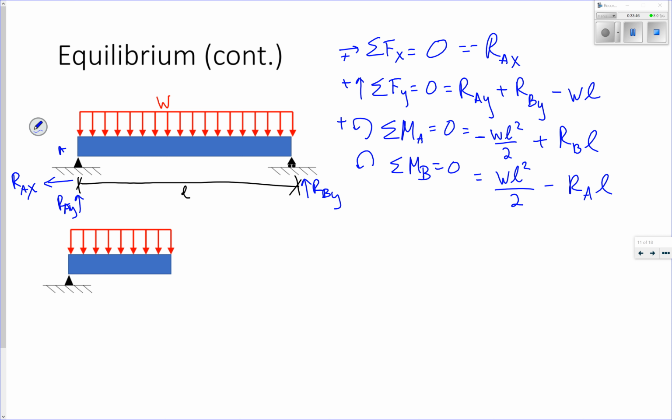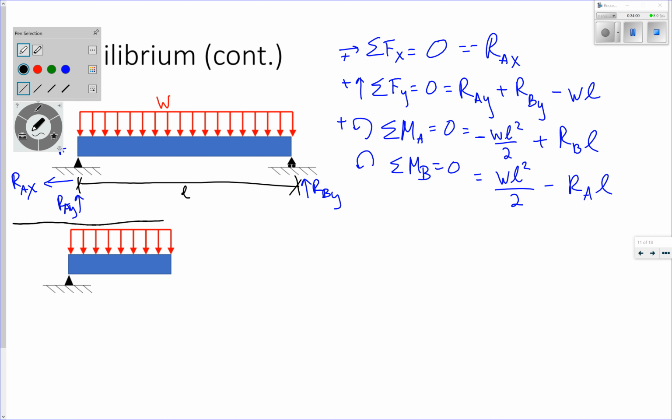Now this is the entire structure. Now I'm only going to look at part of the structure. I can solve for my internal loadings as well.